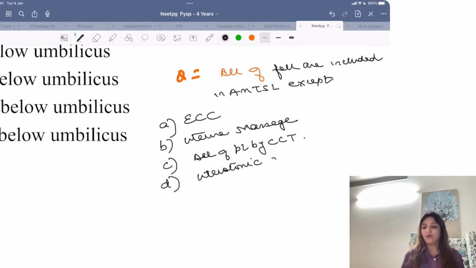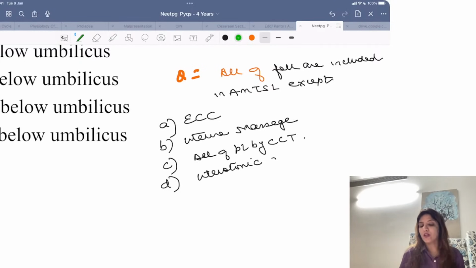Right? Now tell me, what is your answer going to be? A, B, C or D? Which of the following is not included? So all are included except.